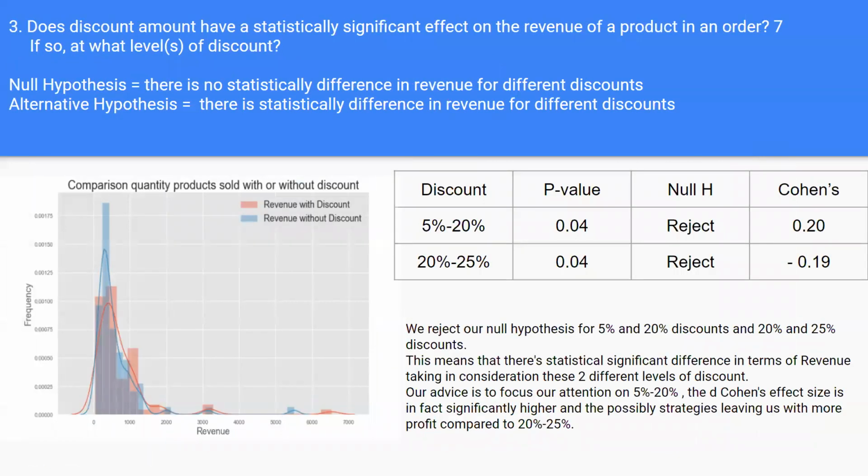The third question is, does discount amount have a statistically significant effect on the revenue? In this case, we take into consideration revenue, no longer the quantity. As we can see, we reject the null hypothesis for discounts of 5% and 20%, and 20% and 25%.